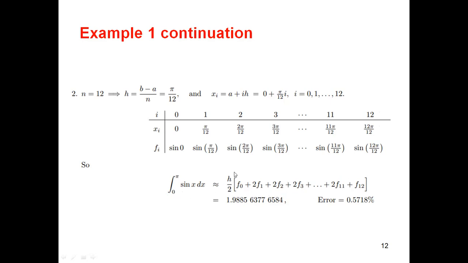The h that you have here will be pi over 12, and you're going to divide it by 2, so that's pi over 24. The answer is 1.989, if we round off to the nearest third decimal place. So you have 1.989.